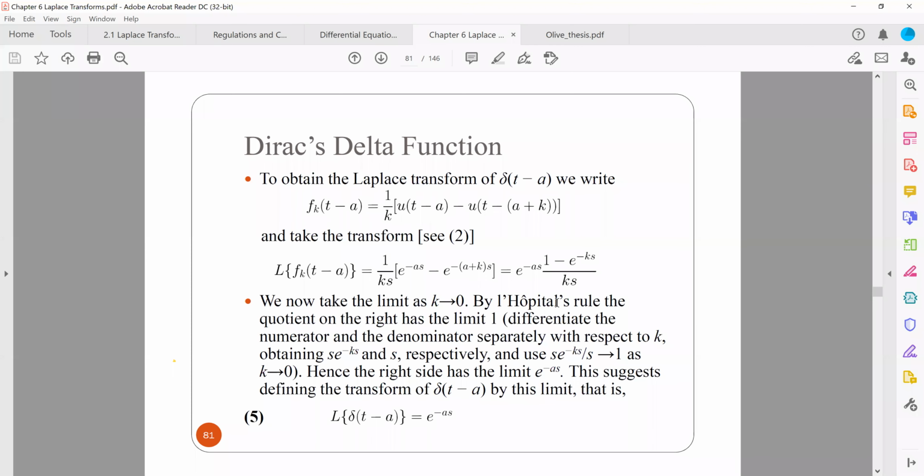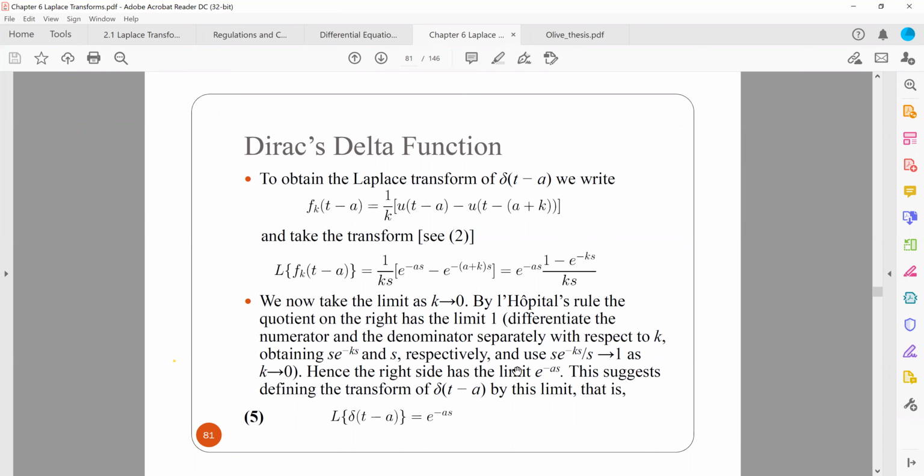We end up with s e to the minus ks over s, and as k tends to 0, the s's will cancel, and the exponential becomes e to the minus 0, which is 1.